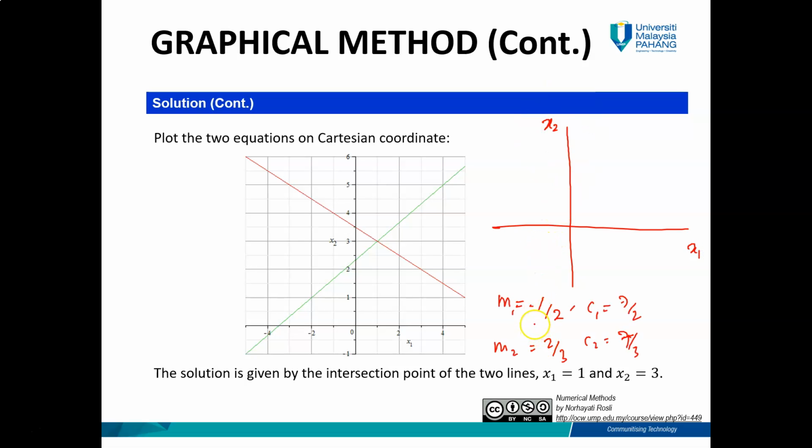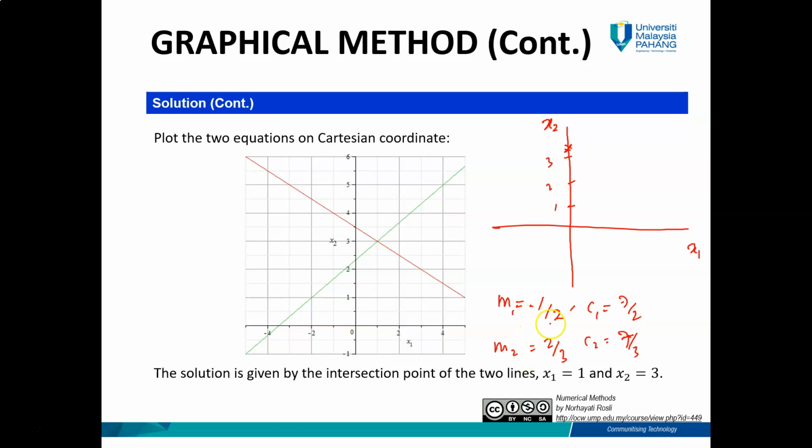So now, based on the previous calculation, the first slope is negative 1 over 2, and the intercept at the y-axis, or at x2, is 7 over 2. For example, we have 1, 2, 3, and then 7 over 2 is around 3 point something, let's say here.